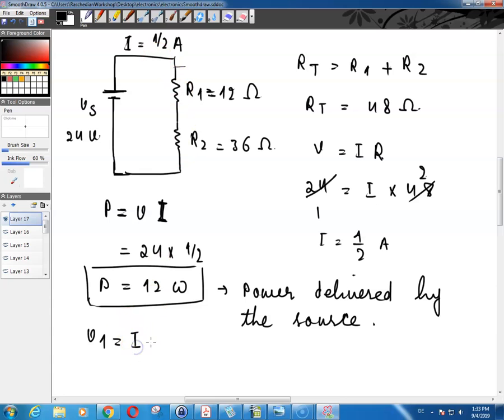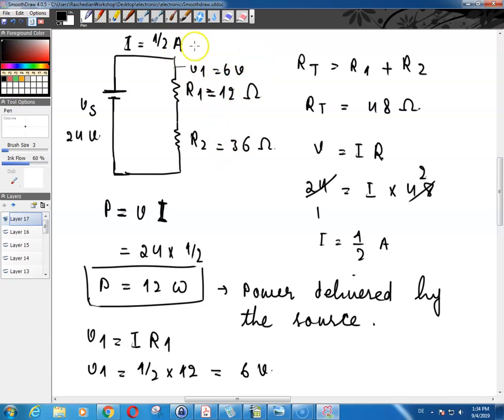So V1 is equal to 1/2 times 12, which is equal to 6 volts. So 6 volts is being dropped across this resistor. So V1 is equal to 6 volts.